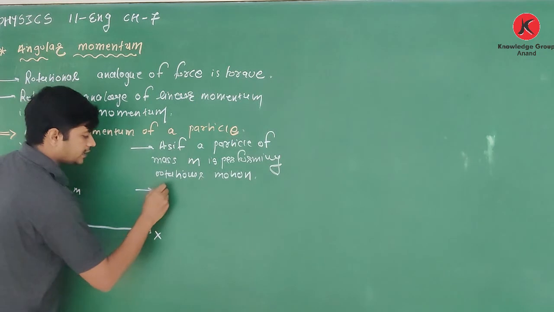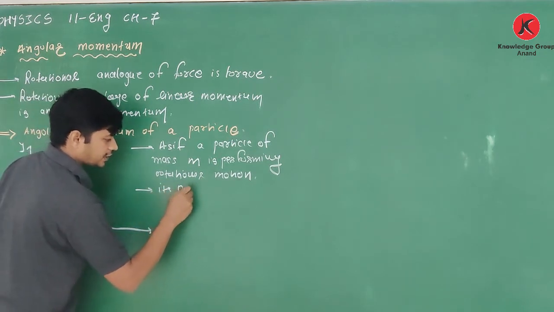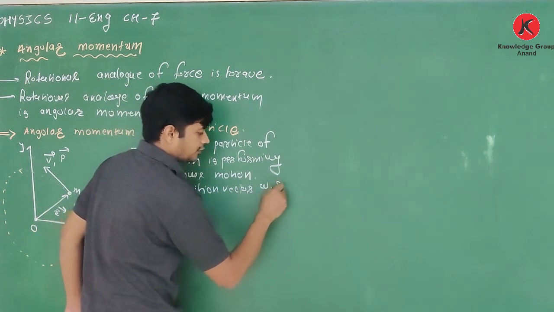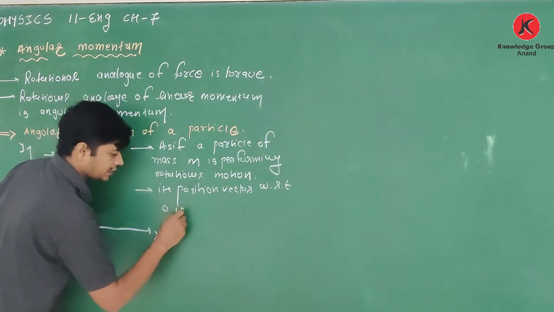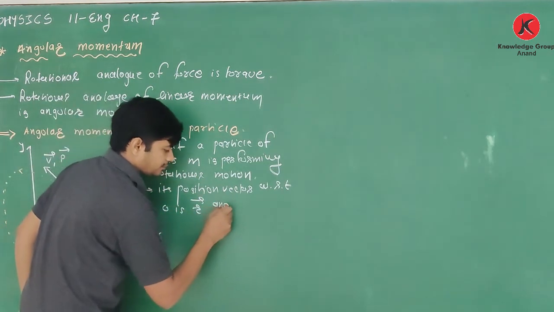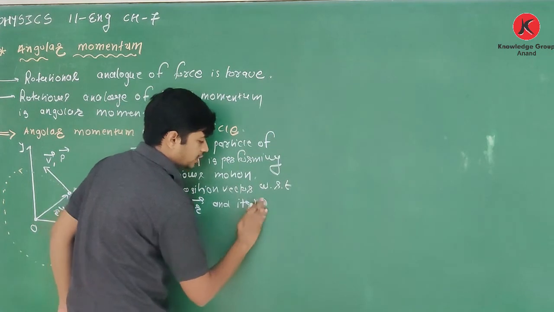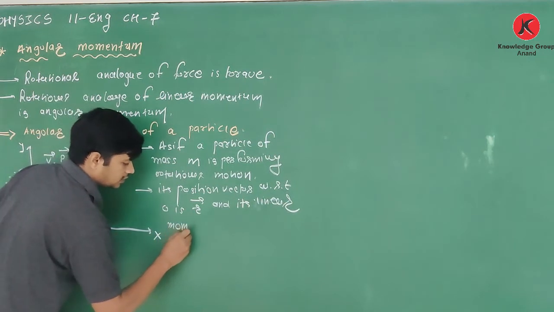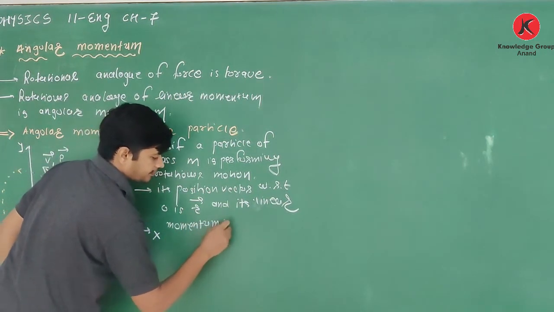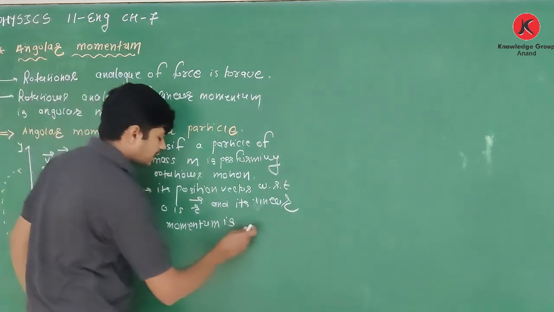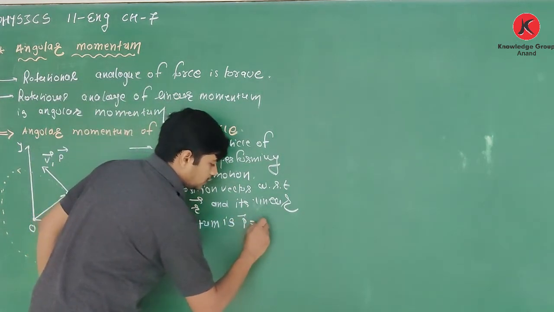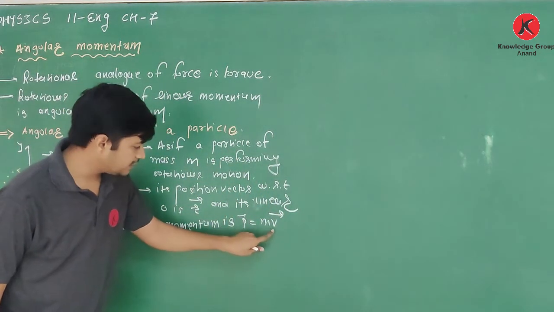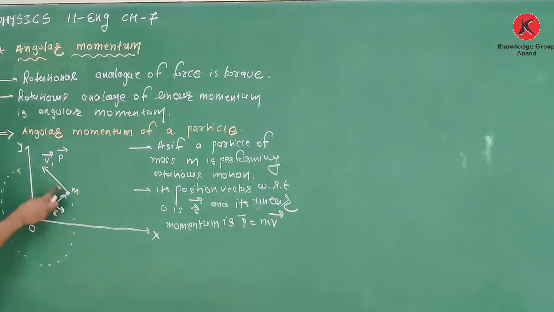Let its position vector with respect to O be R, and its linear momentum is P equal to m v. The direction of linear momentum is in the direction of velocity, so it is in this direction.